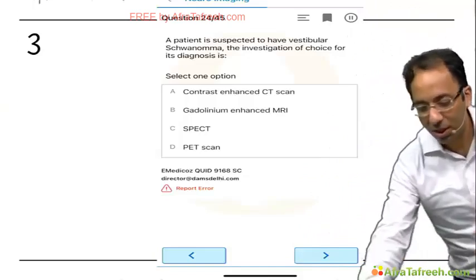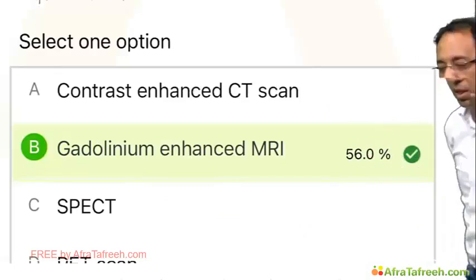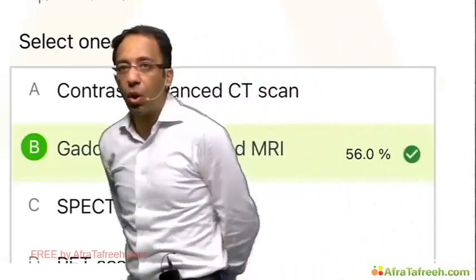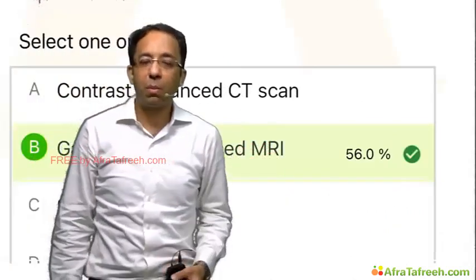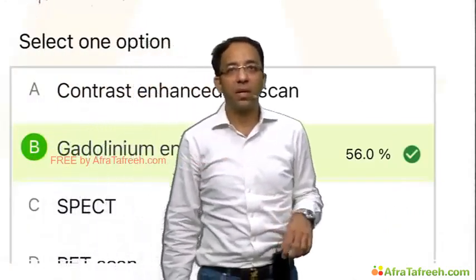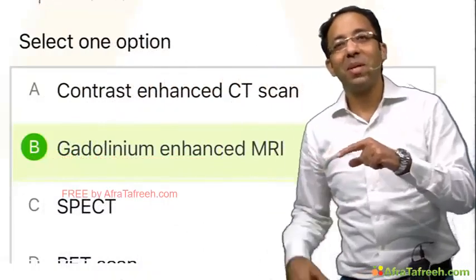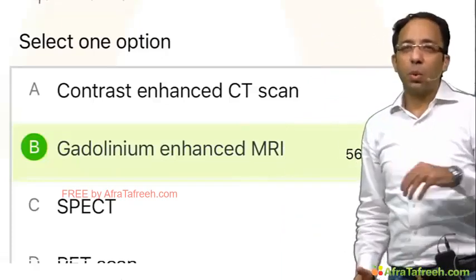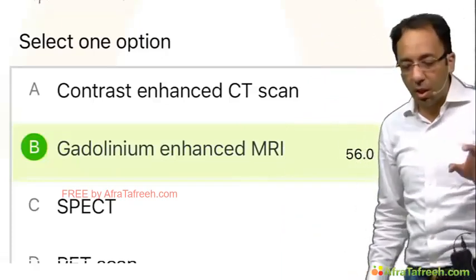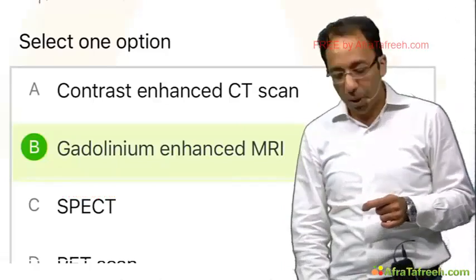The answer is gadolinium enhanced MRI. We discussed this in class, you're already able to do it. But on the question bank, only 56% people are getting it right. You think that must be some other people, you never get it wrong. But it really doesn't work this way. Building the basics once is very important, otherwise mistakes will keep happening. So contrast enhanced MRI is the investigation of choice for all brain tumors.